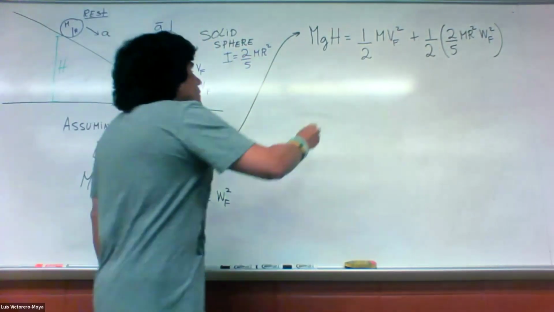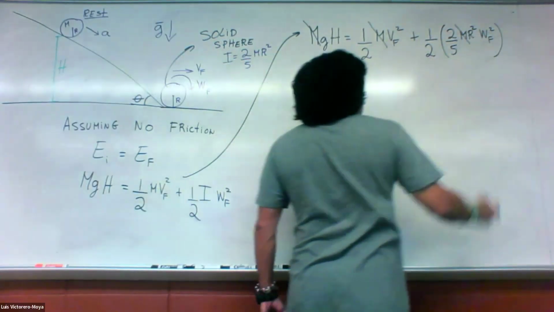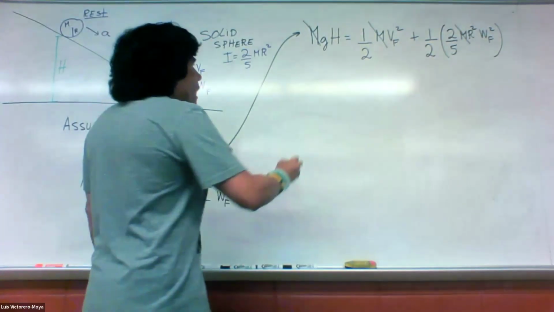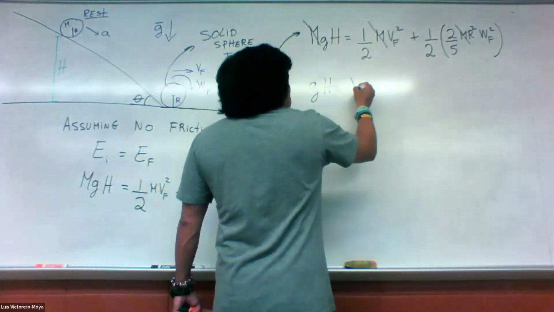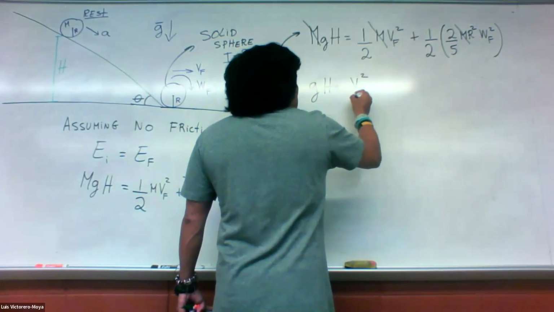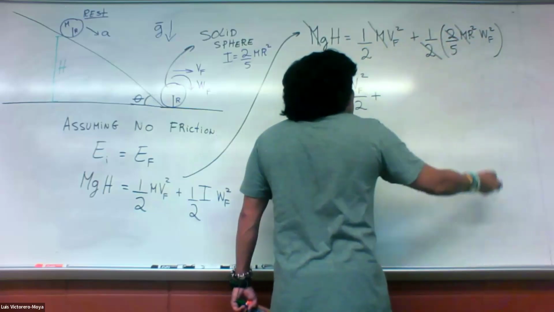Clearly we don't need the mass. Mass cancels. I have gh equals v final squared divided by 2 plus, the 2 cancels.